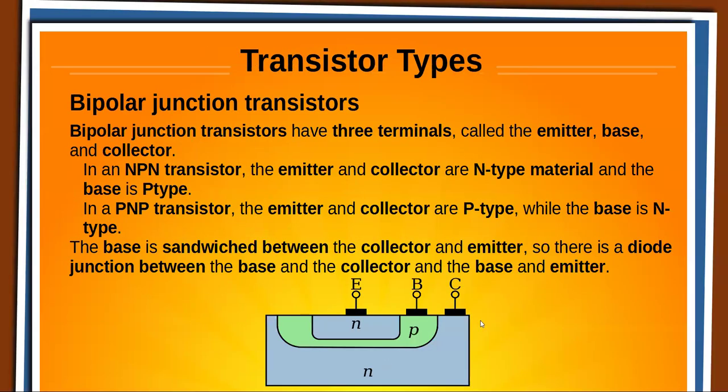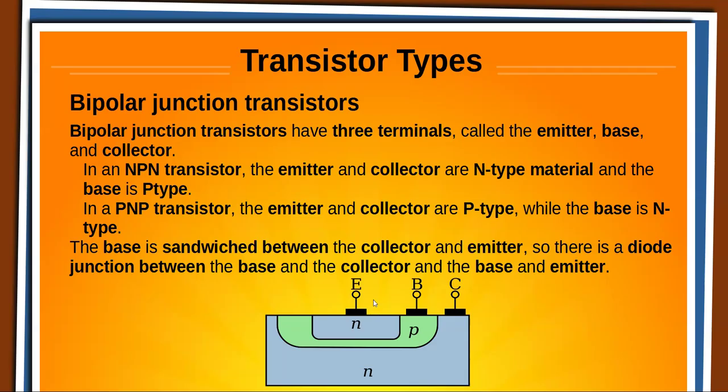A little diagram here of a typical cross section, the way they make them. I've never actually seen the process, but they always show it as these embedded layers where the base material is separating the collector and emitter material. In this case, it's an NPN. If it was a PNP, we just change the letters around. In most cases, the collector material is going to be much larger, with much more surface area.